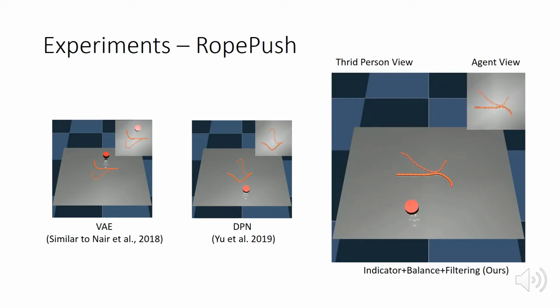Now we will show our experimental results that compare using an indicator reward function to those that learn a reward function. The first task is to push a rope to a goal configuration. The first method uses VAE representation to give rewards, which focuses on salient feature of the observation and does not perform well.